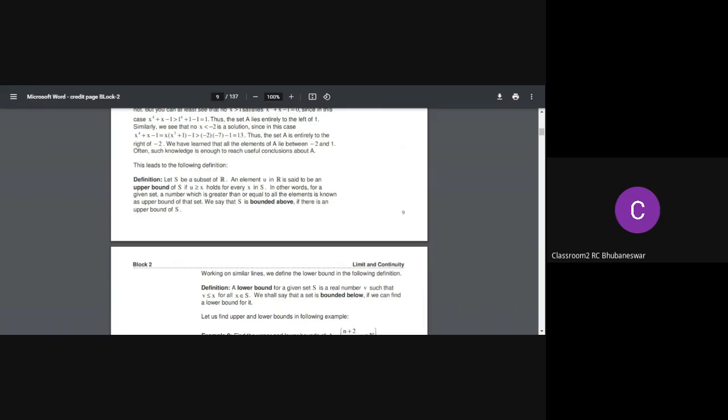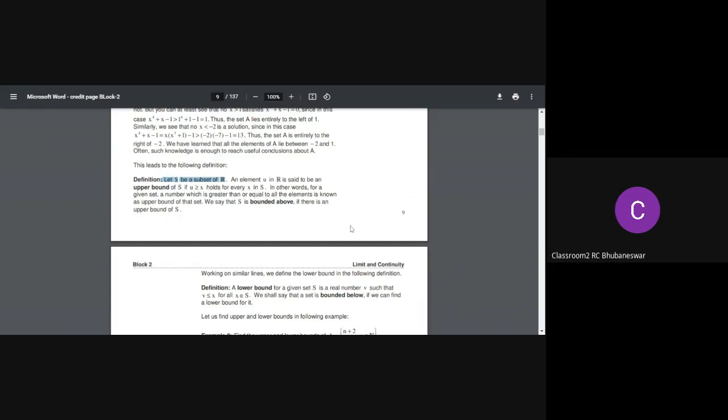We have taken a set S, where S is a subset of the set of real numbers R. Then an element U in R is said to be an upper bound of S if the condition holds that every element X in S is less than or equal to U. That means U must be larger than all other elements present in the set S. In this situation, we say that U is the upper bound of the subset S. And if this property exists, then we say that the set S is bounded above.